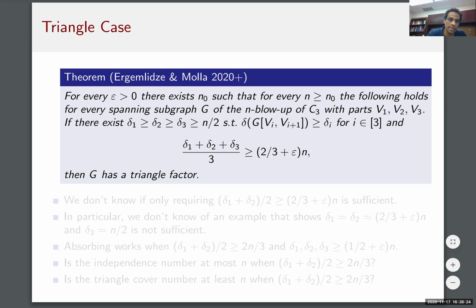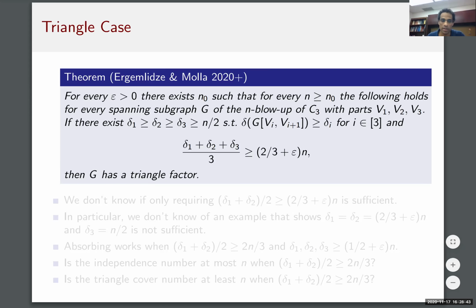They have to be at least n over 2, but the average should be 2n over 3 plus epsilon times n, instead of each one being 2/3 times n. We just need the average. Okay, and this is tight.